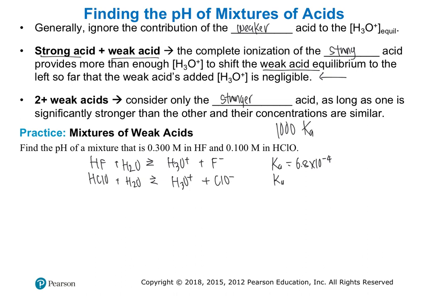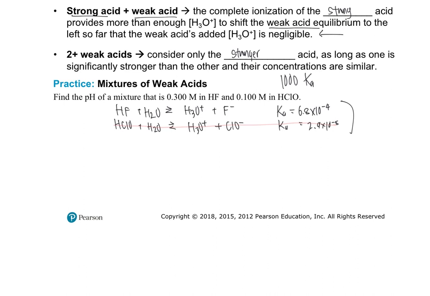That Ka is 2.9 times 10 to the negative 8. So these are about 10,000 times different. So basically, hypochlorous acid is so much weaker that we're not even going to think about it. So we just treat it like a regular old weak acid problem with hydrofluoric. And we already solved one like this, so we can do it again. So again, just going to ignore the weaker one because it's barely going to do anything.